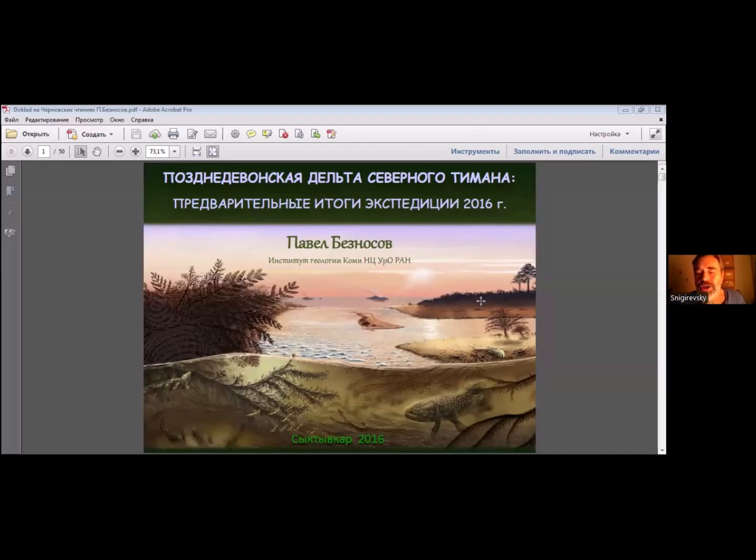It's a reconstruction of the Devonian Volga River valley, a very big complex of deltaic sediments.